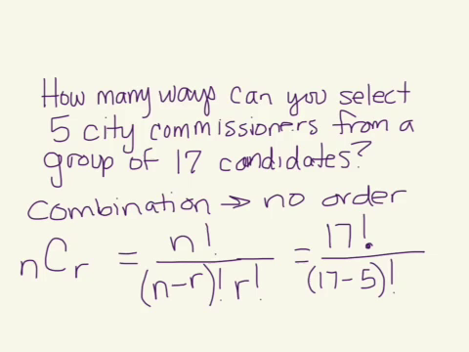And then, once again, you have another 5 factorial. So what you really have here is 17 factorial divided by 17 minus 5, which will give you 12 factorial times 5 factorial.